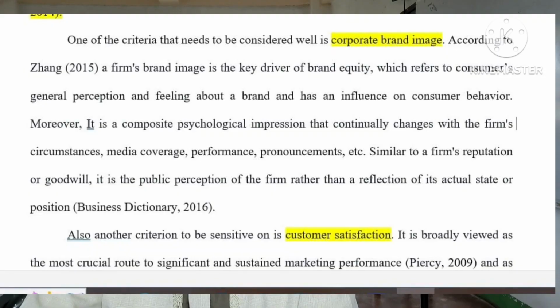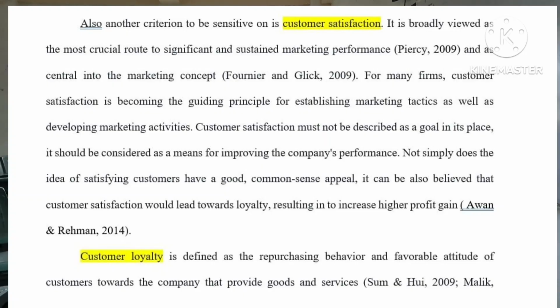Nandyan na hini-highlight ko na yung corporate brand image, yung isang paragraph dyan by Zhang 2015. Okay? Andyan din yung Business Dictionary 2016 na nag-emphasize din naman saan? Sa mga reputation, sa public perception, etc. And also sa customer satisfaction, pangalawa sa variables natin, meron din paragraph dyan by Percy 2009.